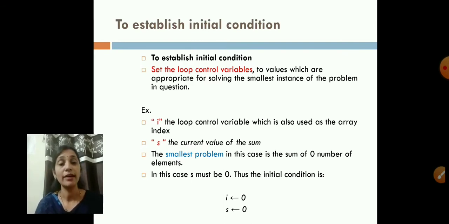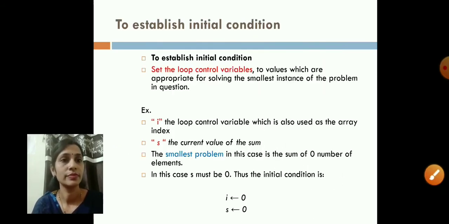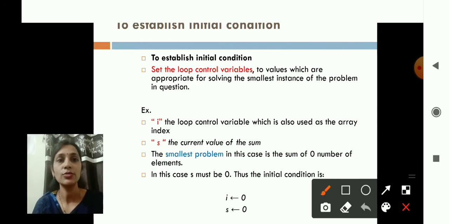Here we have some design processes. The first process is to establish the initial condition. So what is meant by initial condition? Here we have to set the loop control variables to some values.